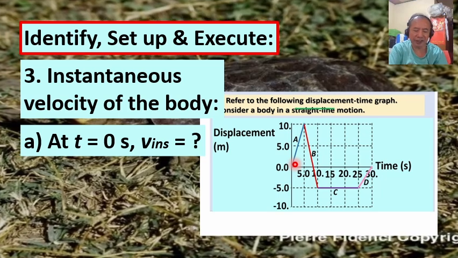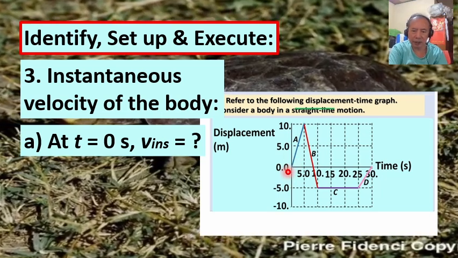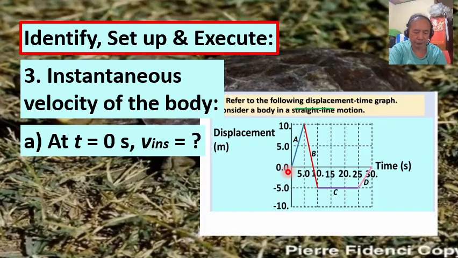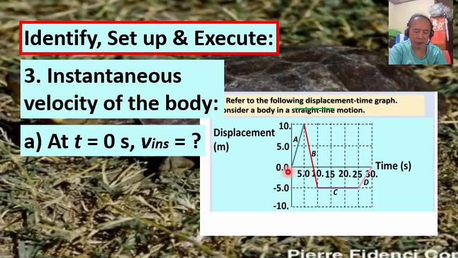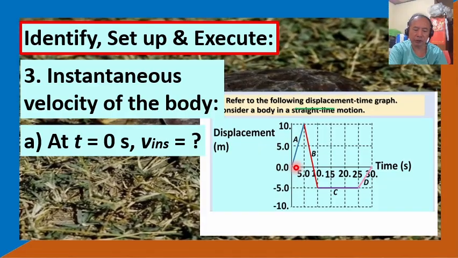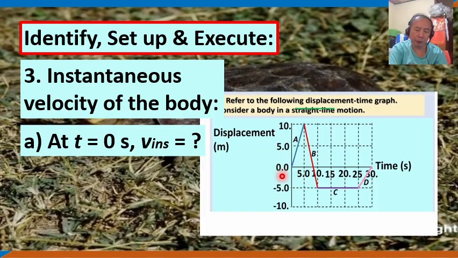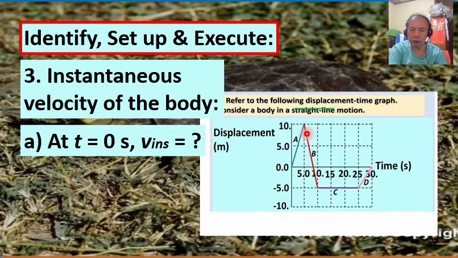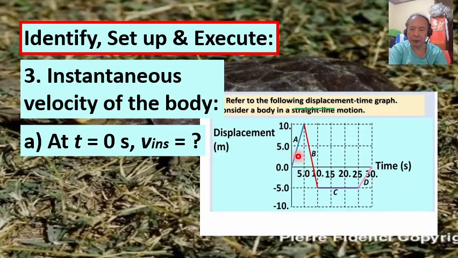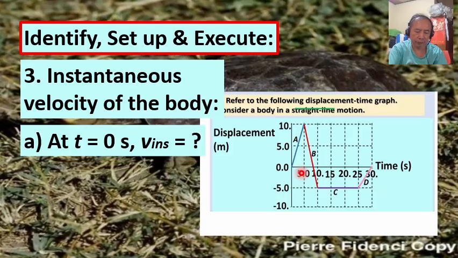So the instantaneous velocity at exactly t equals 0 is equal to the average velocity of the body from 0 to 5.0 seconds, or what is represented by graph line A, right?